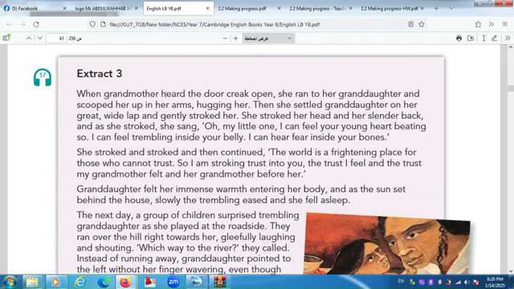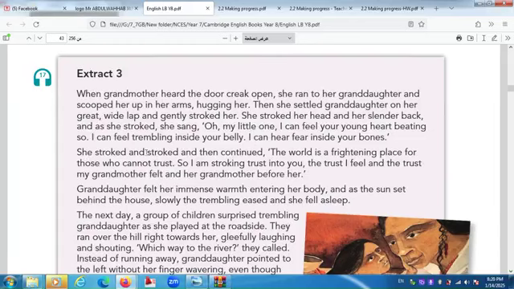When grandmother heard the door creak open, she ran to her granddaughter and scooped her up in her arms, hugging her. Then she settled granddaughter on her great wide lap and gently stroked her. She stroked her head and her slender back, and as she stroked she sang, "Oh, my little one, I can feel your young heart beating so. I can feel trembling inside your belly. I can hear fear inside your bones."